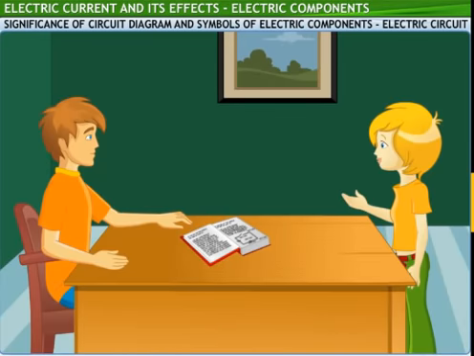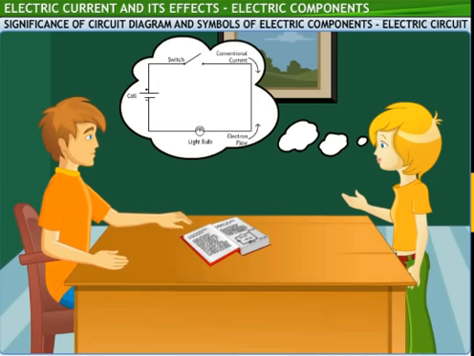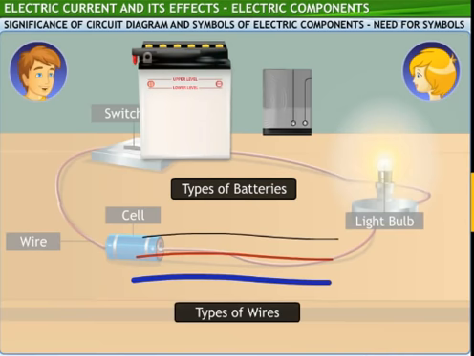I can identify the components when I see them in the circuit, but I can't really identify the components from the diagram you're referring to. Wouldn't proper drawings of the components be more helpful? There could be so many types of batteries, wires, and so on.